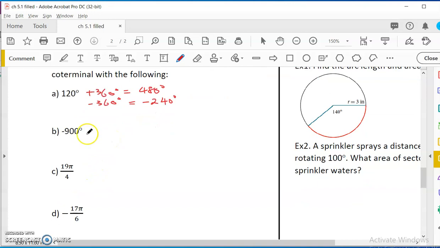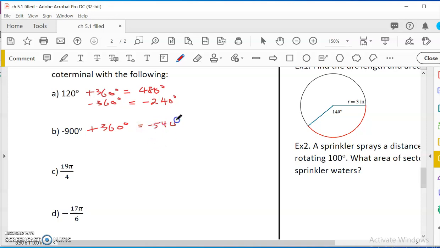What about negative 900? If I add 360, I have another negative angle, right? Negative 900 plus 360 would be negative 540.